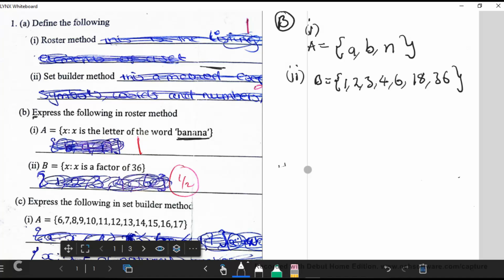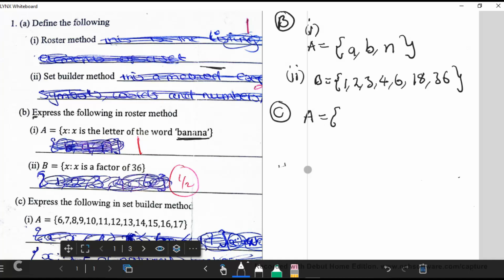How about this one, which is C? Now this was question 1B. Now let's go on to question 1C. They're saying express the following in set builder method. So we have set A, which is 6, 7, 8, 9, 10, 11, 12, 13, 14, 15, 16, 17.